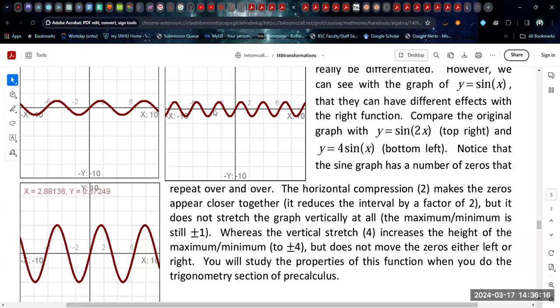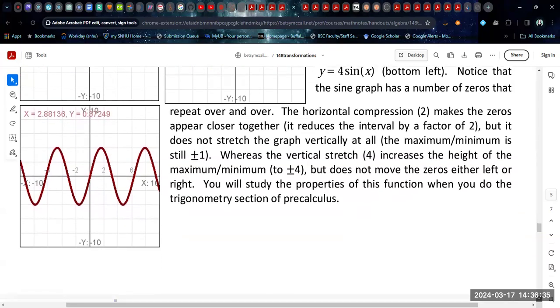But you can't do that with trig functions. And so you do get to see the distinct behavior of the different kinds of stretches and compressions. That's why they're separate things, because even though they're related to each other in some functions, they are completely independent of each other in other kinds of functions.